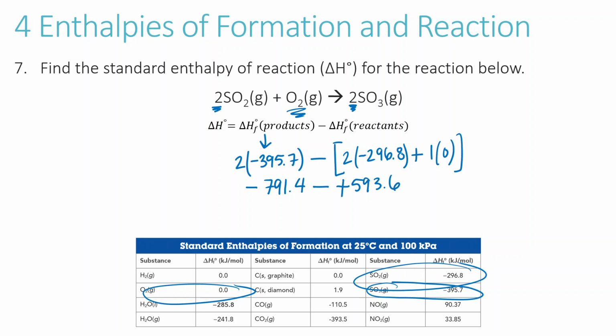So when I do my math here, I end up with negative 197.8 kilojoules. So I've just figured out that this reaction is exothermic and that heat is a product. So I'm going to release this 197.8 kilojoules.